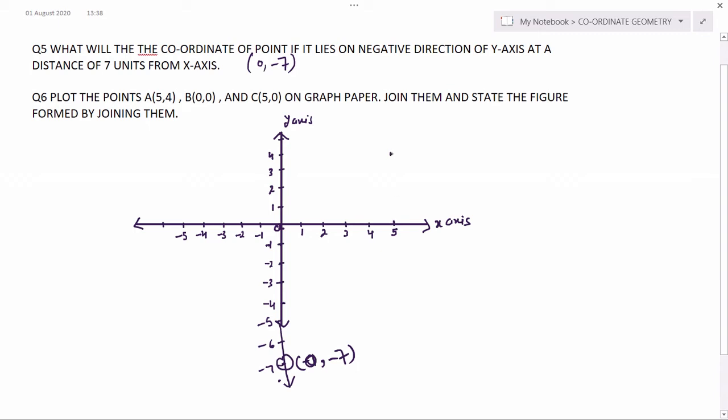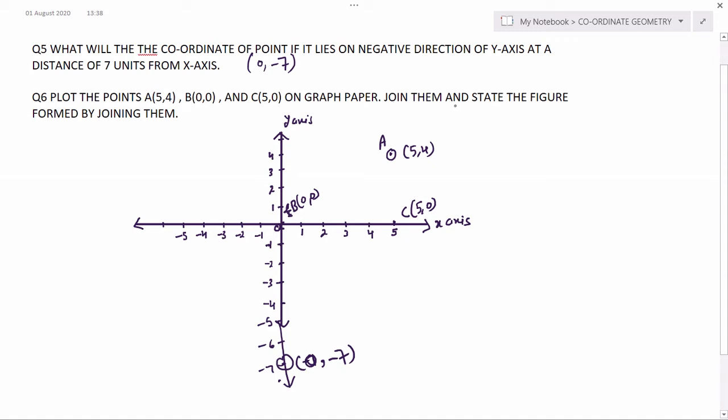This is my (5, 4), so I will mark it A. Next is B (0, 0), which is the origin. C is (5, 0). So (5, 0) is this point C. For y you do not have to move upward or downward because it is 0.